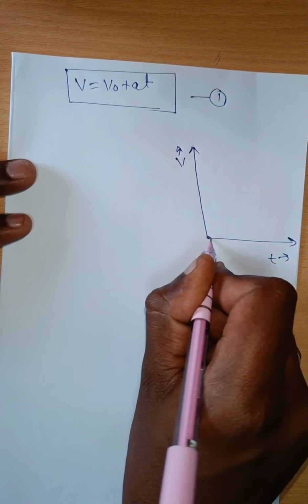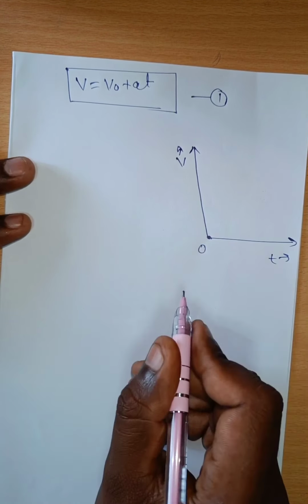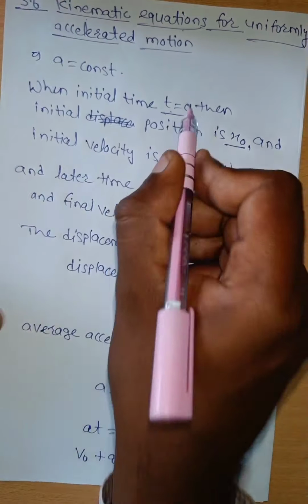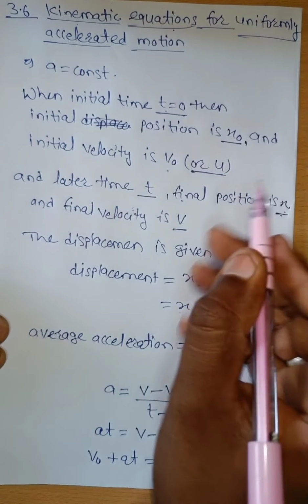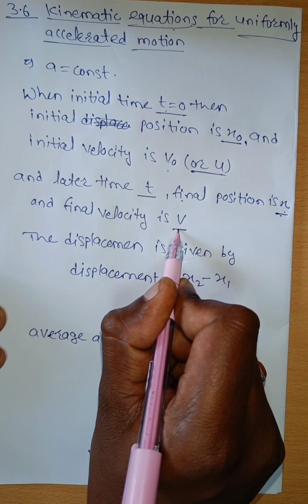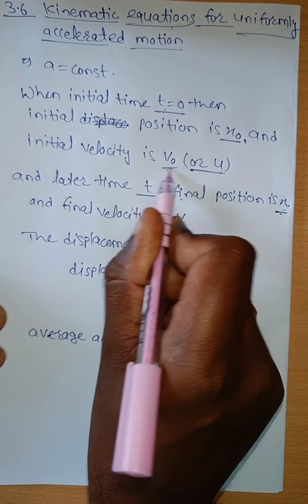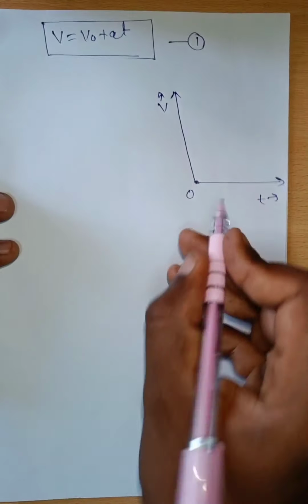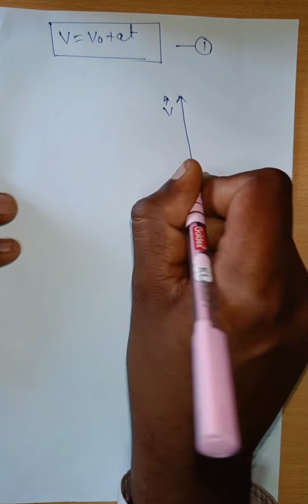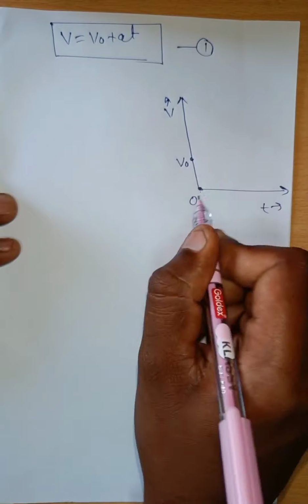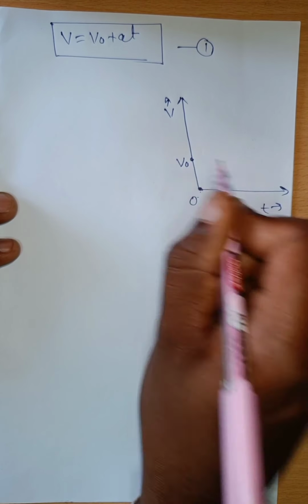When time is 0 second, what is the velocity? When the time is 0 second, the velocity is v naught. It is having some initial velocity, that is v naught.